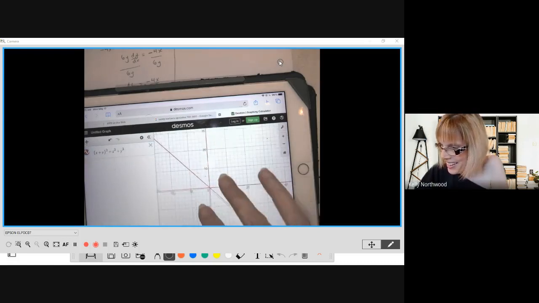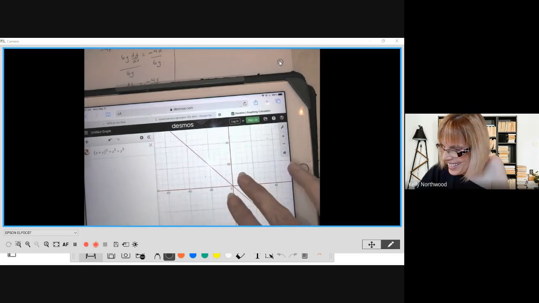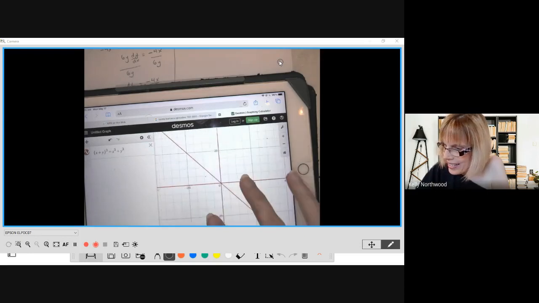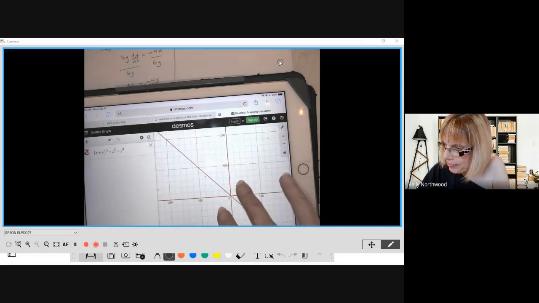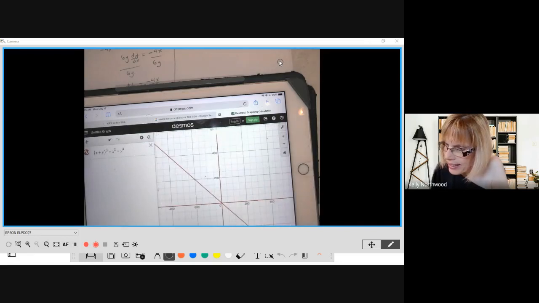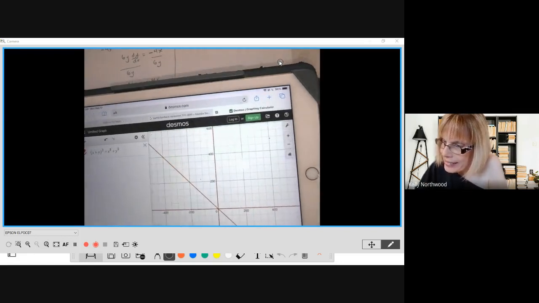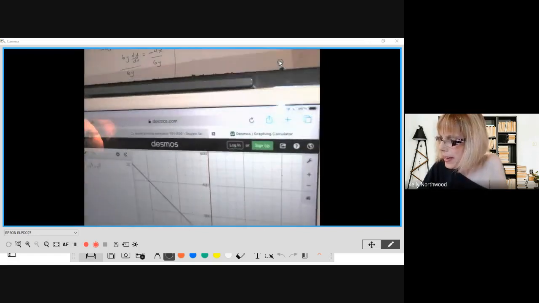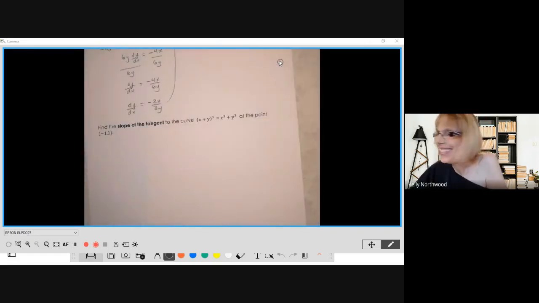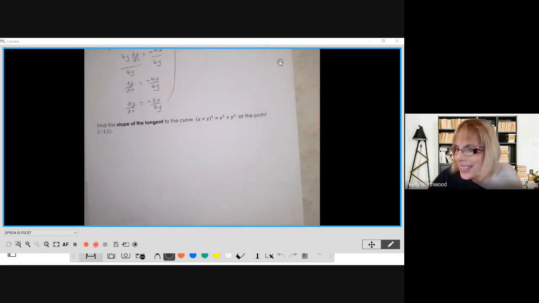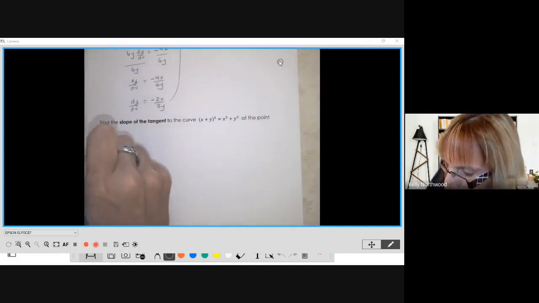That's interesting. Well, let's see what we get. Definitely not a function.